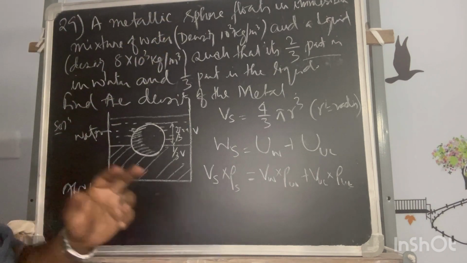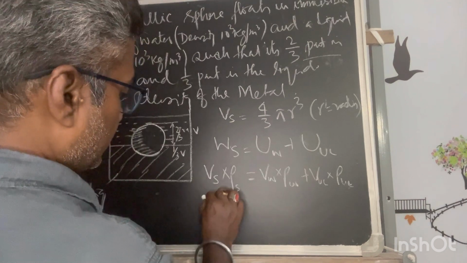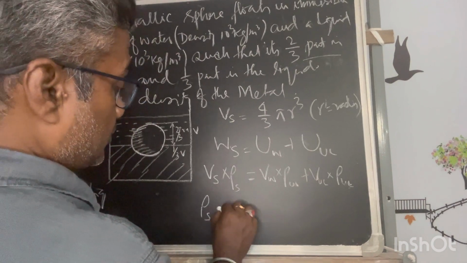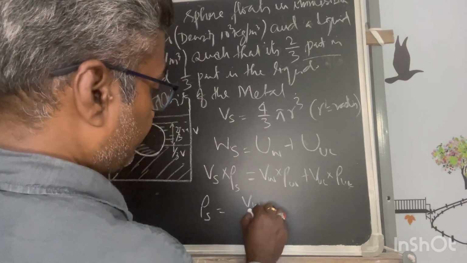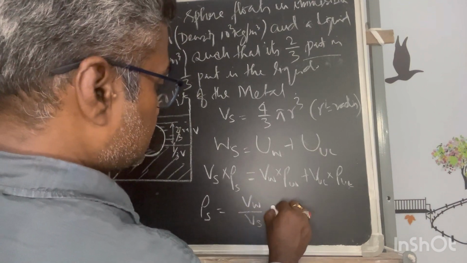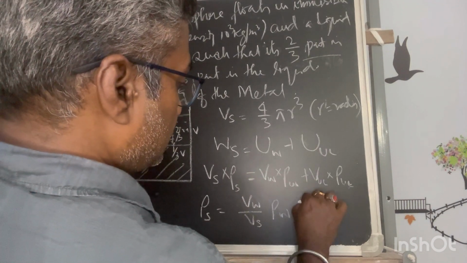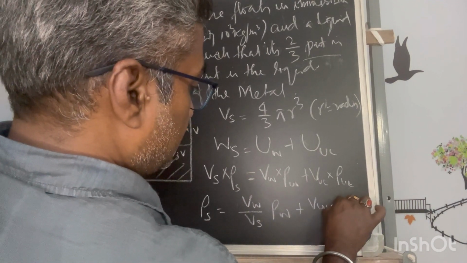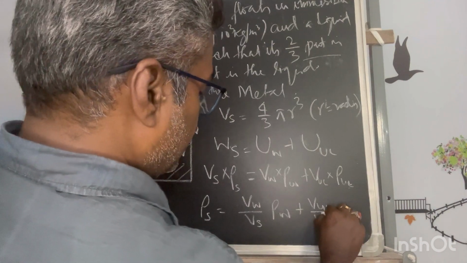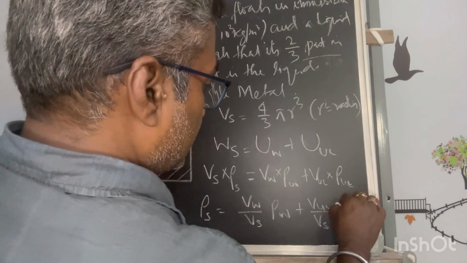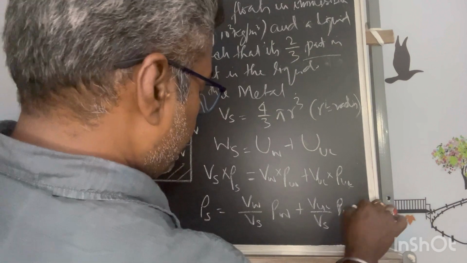The density of the solid we don't know. So my requirement is the density of the solid is equal to volume of water by volume of solid into rho of water plus volume of unknown liquid by the volume of solid into rho of unknown liquid.